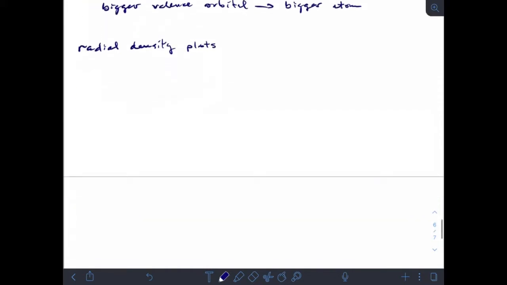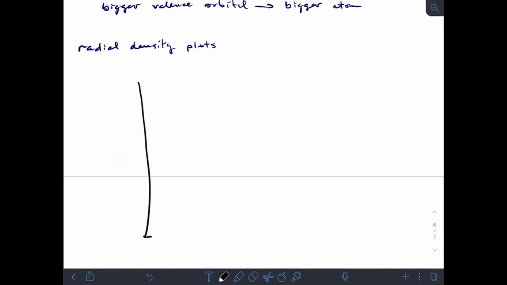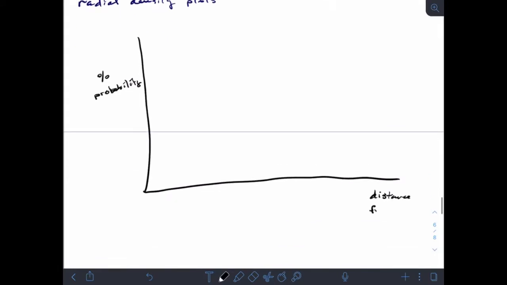What this looks like is a graph where on the y-axis I'll have the percent probability of finding an electron at a particular distance, and then my x-axis will be distance from the nucleus.